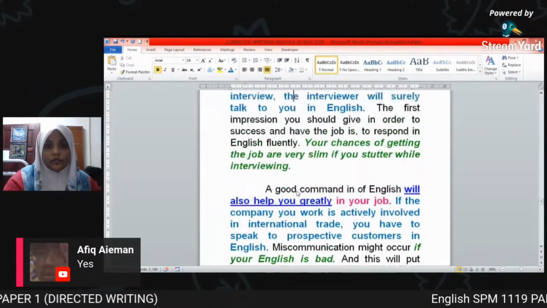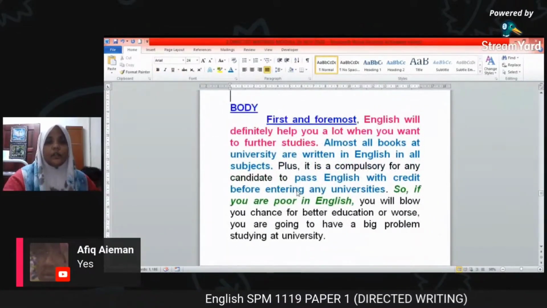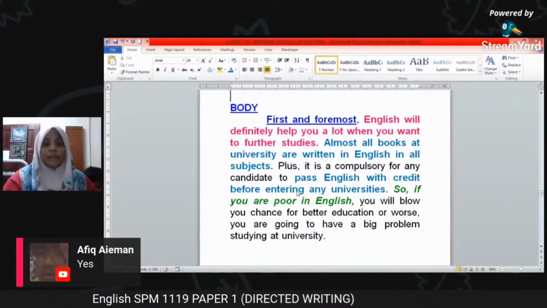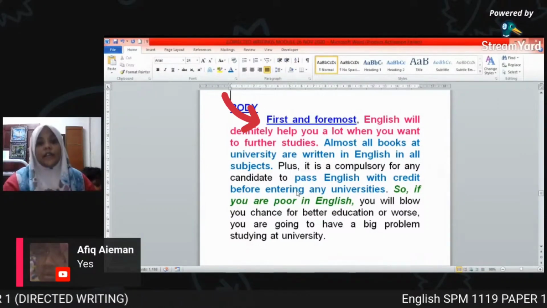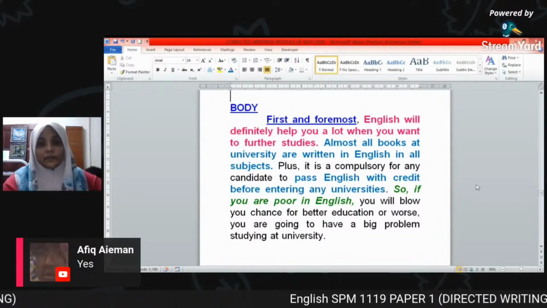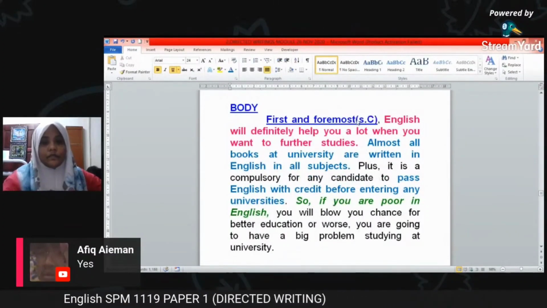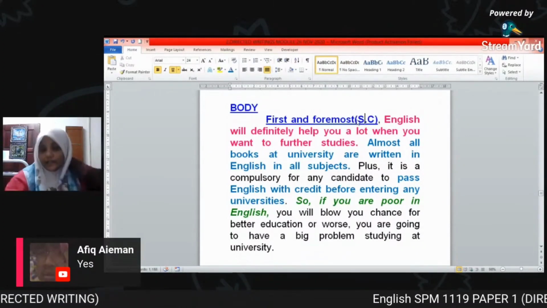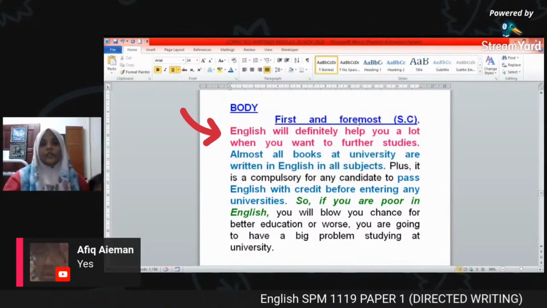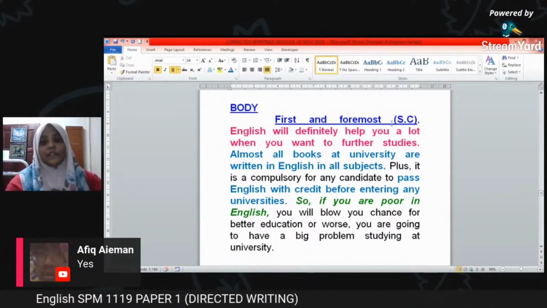I will just give you two examples. Okay, second paragraph. First, actually, third paragraph. First and foremost, sequence connector. English will definitely help you a lot when you want to further your studies.